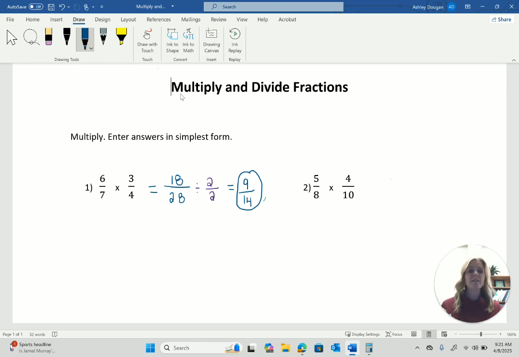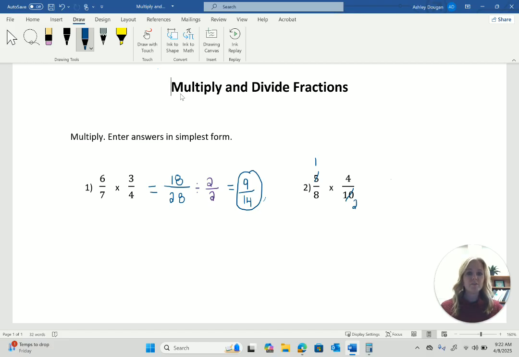Is there a number that divides evenly into 5 and 10? And it's 5. I'm going to reduce each one by 5. 5 divided by 5 gives me 1. 10 divided by 5 gives me 2. So I just looked for a common factor and divided each number by that common factor.